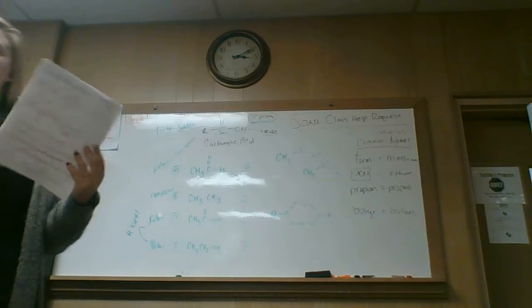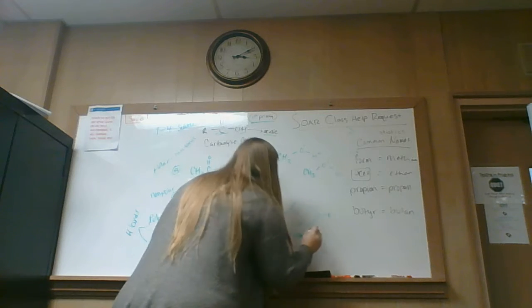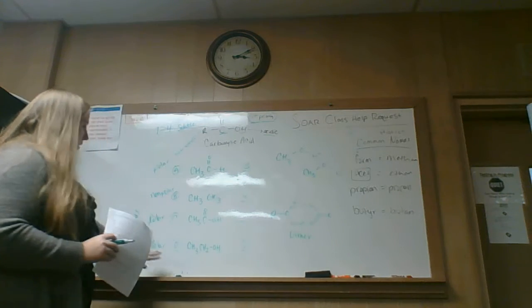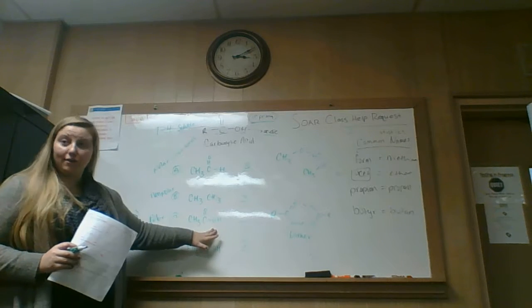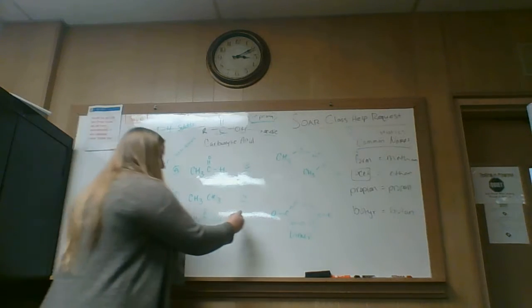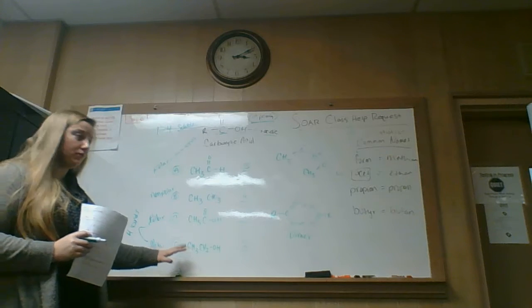This is referred to as a dimer, or a hydrogen bond dimer. So this one, only 1 hydrogen bond can form. This one, 2 hydrogen bonds can form. So that's what makes this one have a higher boiling point than this one.